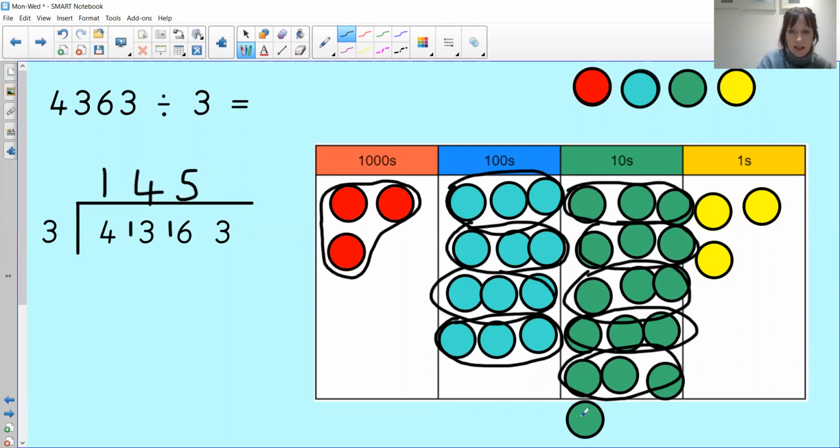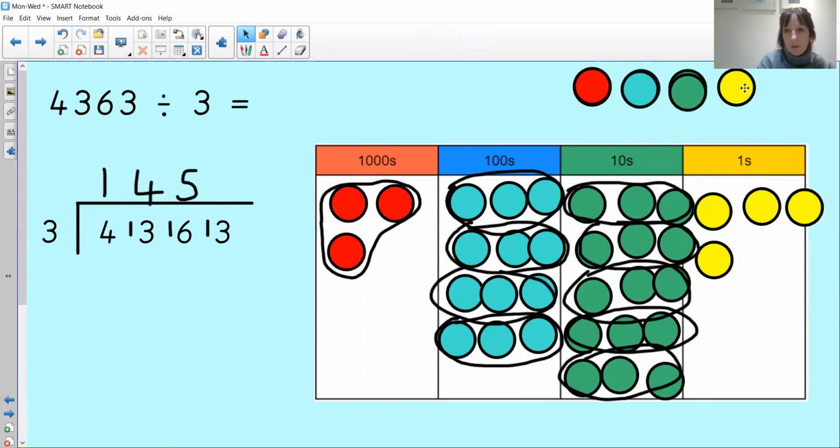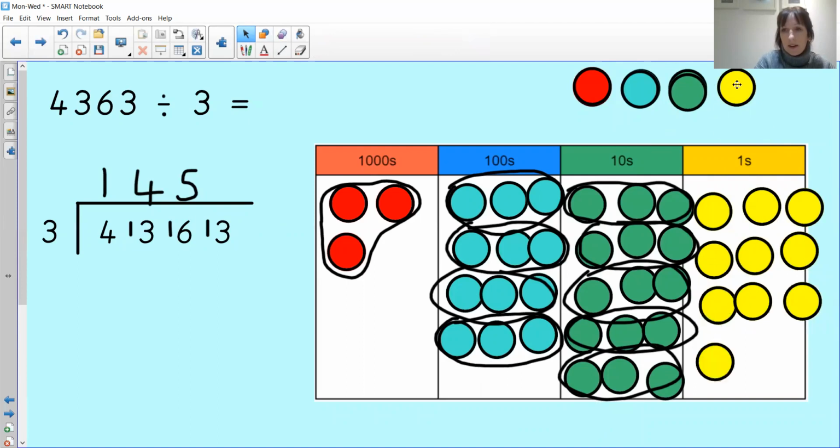But I can't ignore that 1 left over. I need to exchange it for 10 ones. 1, 2, 3, 4, 5, 6, 7, 8, 9, 10.